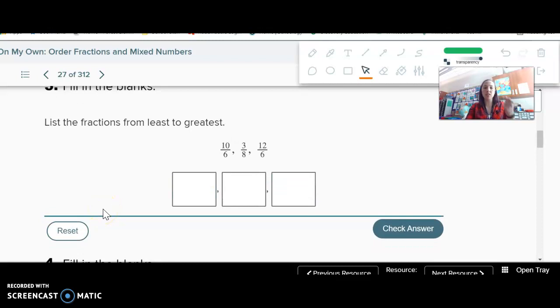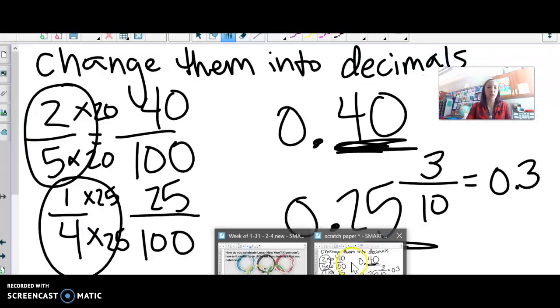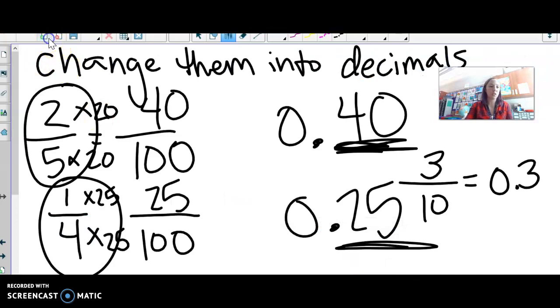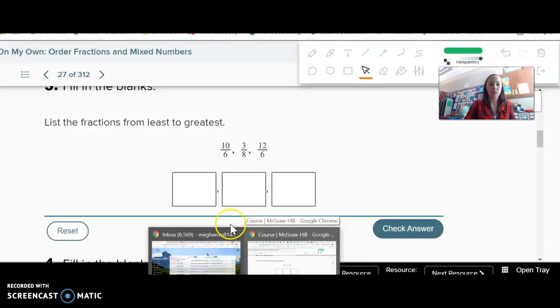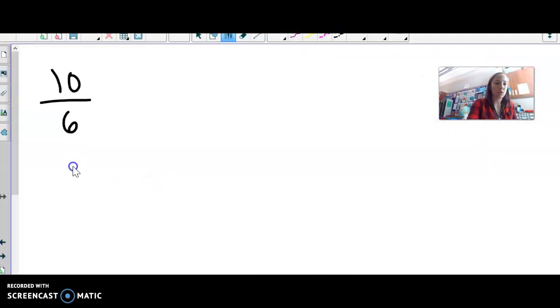Now, we have 10/6, 3/8, and 12/6. So I'm going to go ahead and write this over here, because I think it's easier if I have more space. 10/6, 3/8, and 12/6.